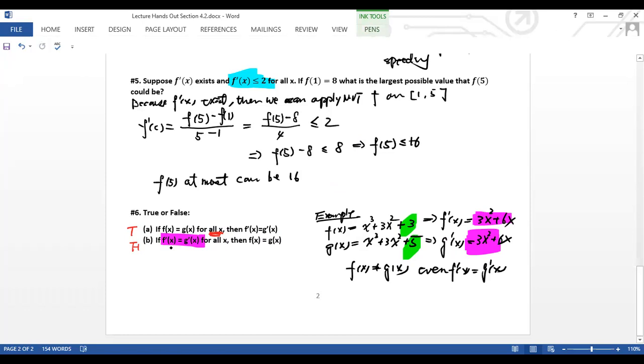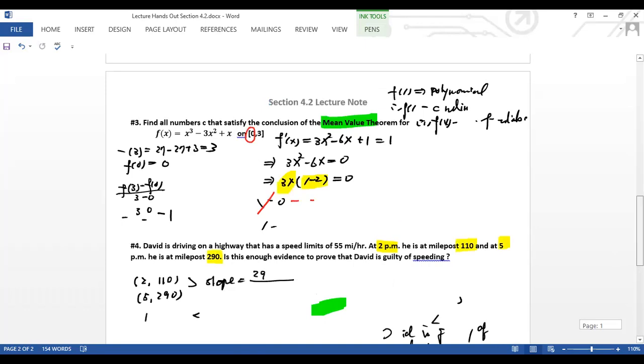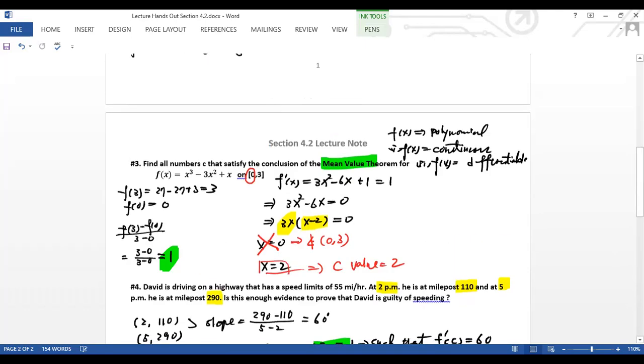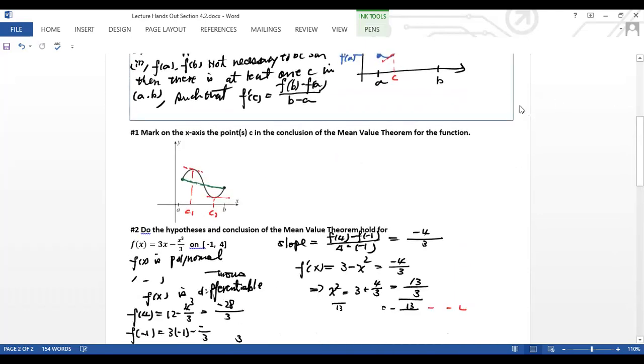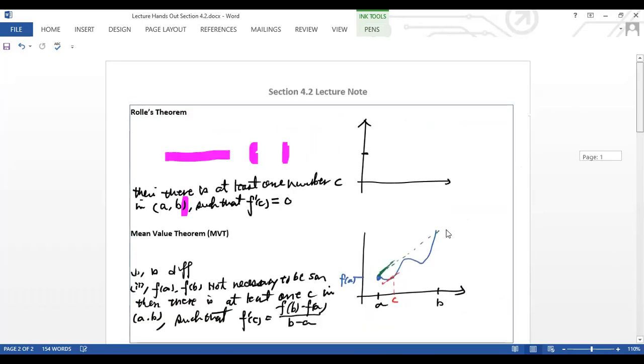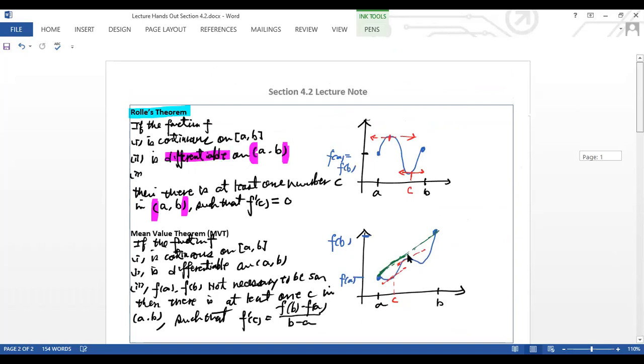So this lecture is a pretty simple lecture. We talk about the mean value theorem. The geometric meaning can help you understand exactly what the mean value theorem is trying to tell you. It just tells you, if you have a continuous and very smooth differentiable function, and you connect the two endpoints, you get a line, right?